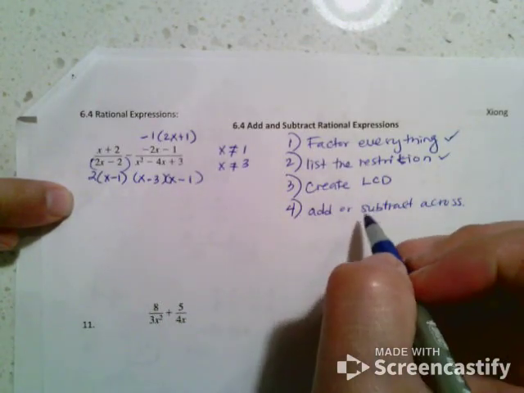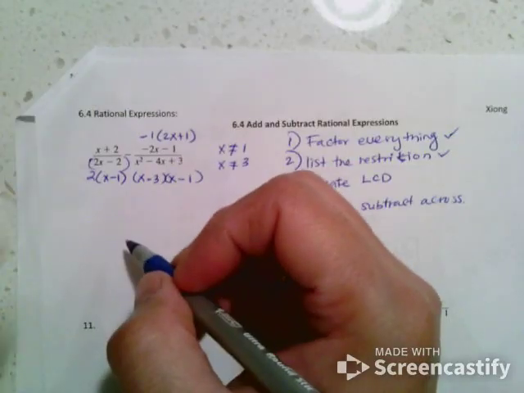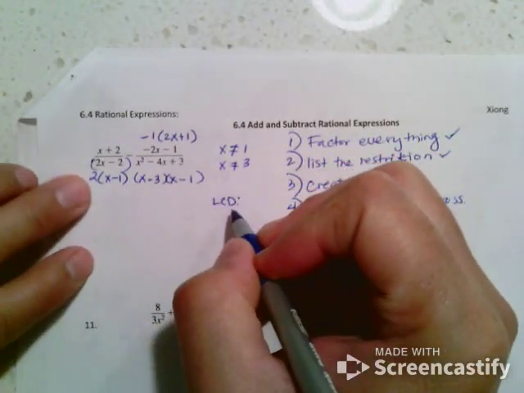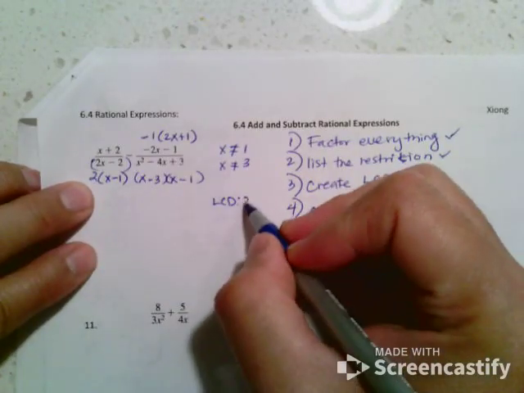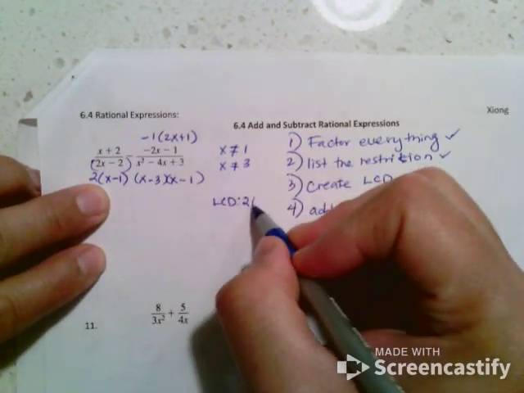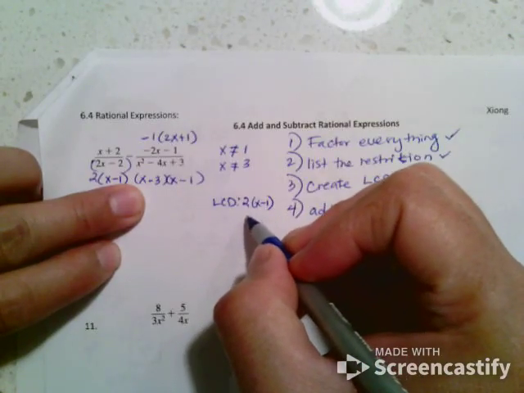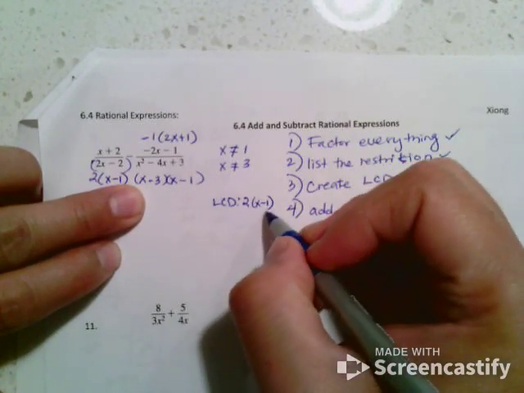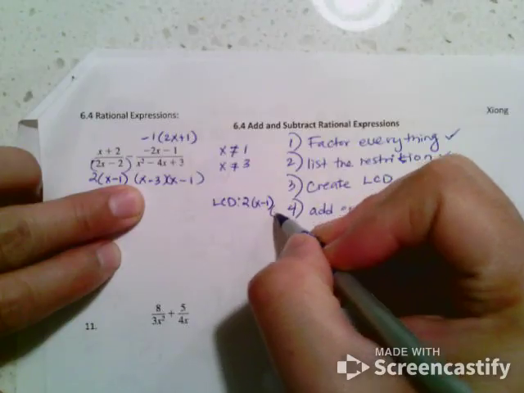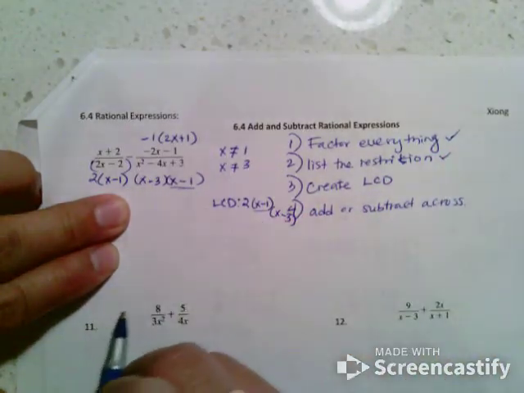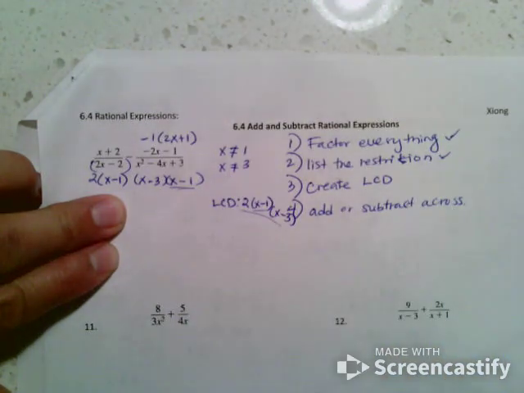Okay, so this part's done. We need to create the LCD. So for this one, the LCD needs to have a 2, it needs to have an x minus 1, it needs to have an x minus 3, and then it needs to have that, but we already have it. So this is my LCD.